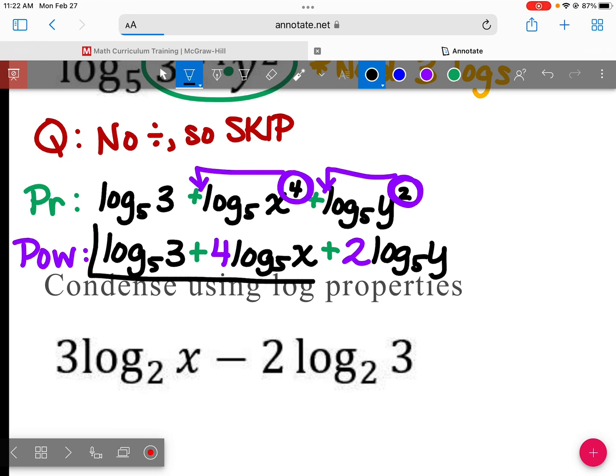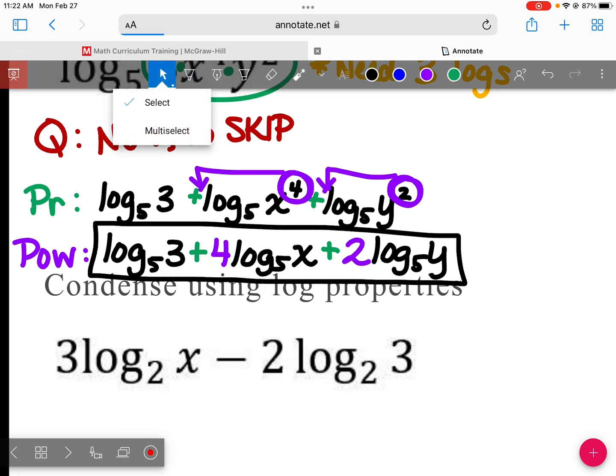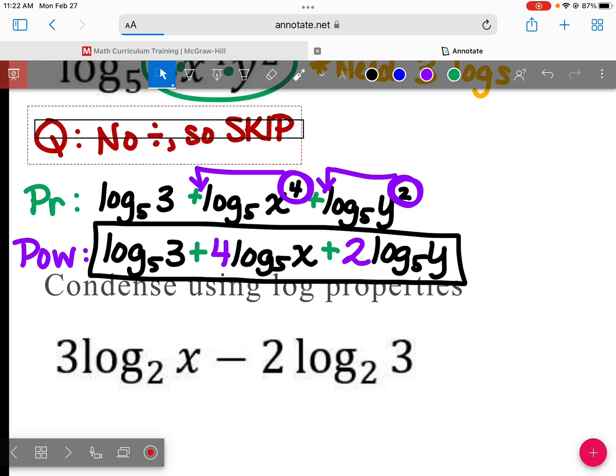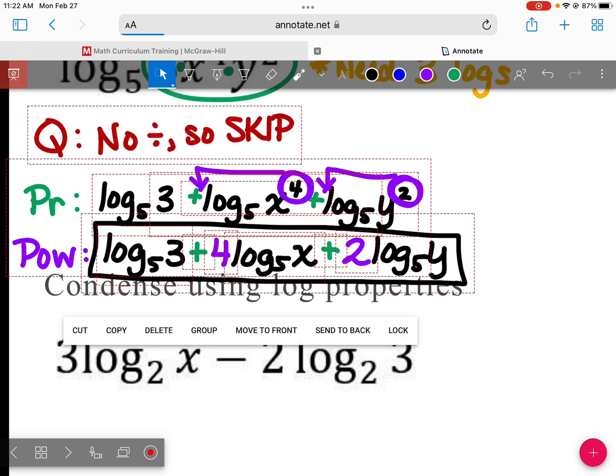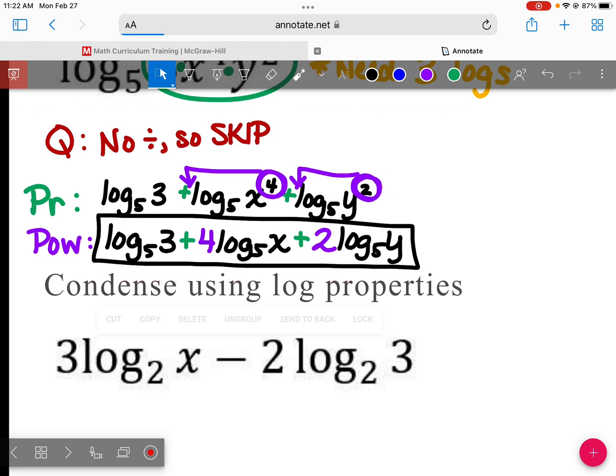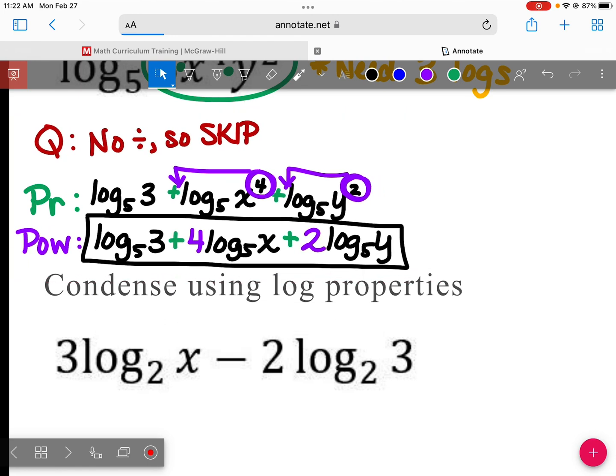That is fully expanded. Do you guys have any questions for me on the first one? All right, let's look at the second one.